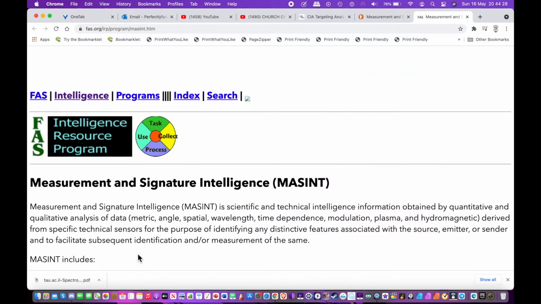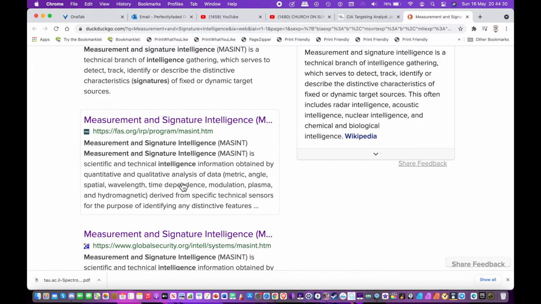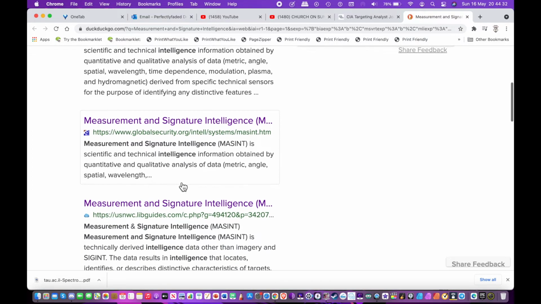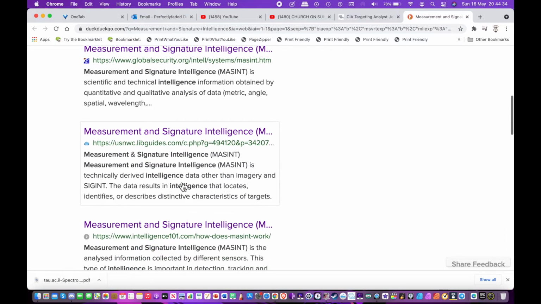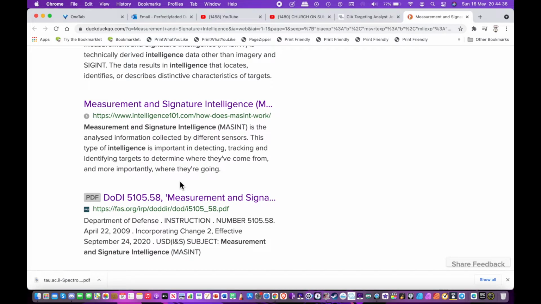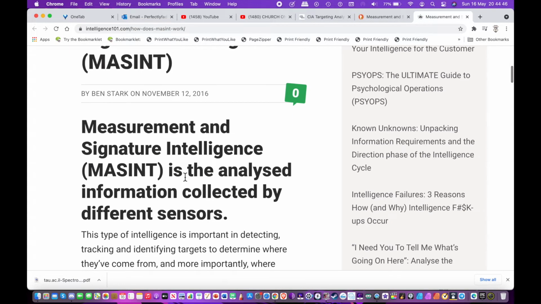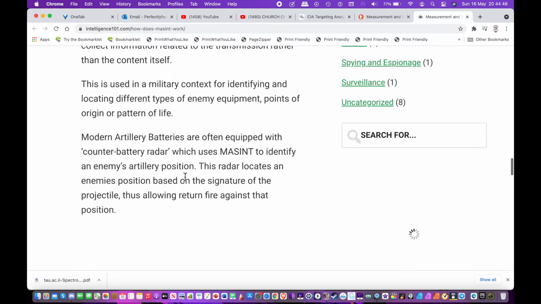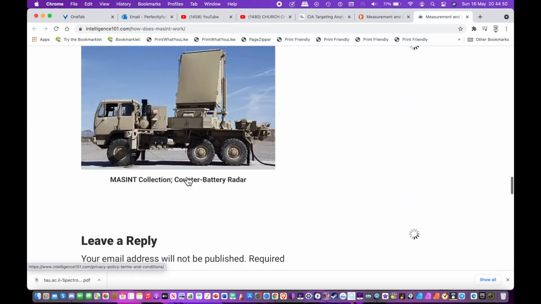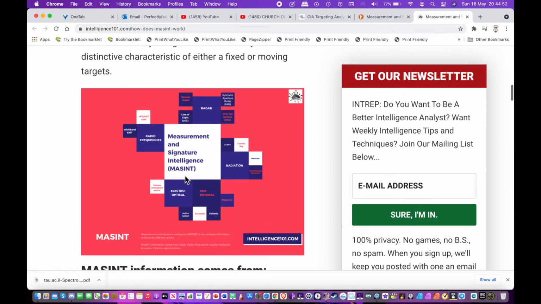So now we are going to have a look and see if we can find something a little more up to date. So when was this written? 2016. Okay. It's a short one.